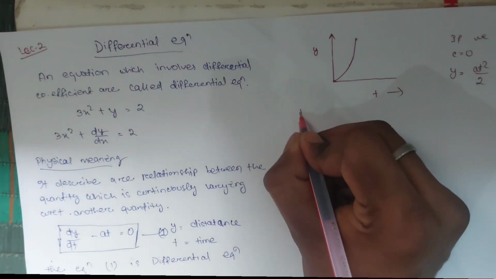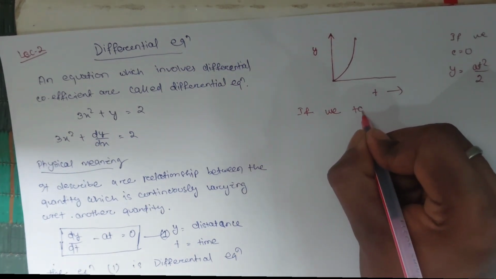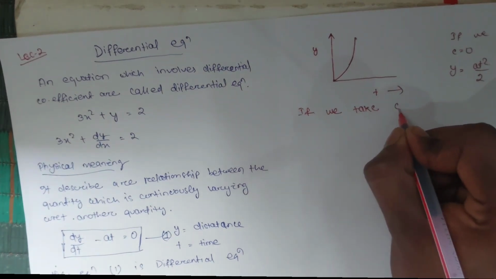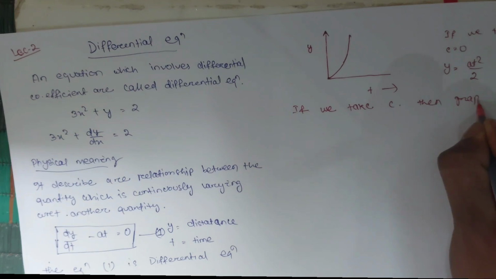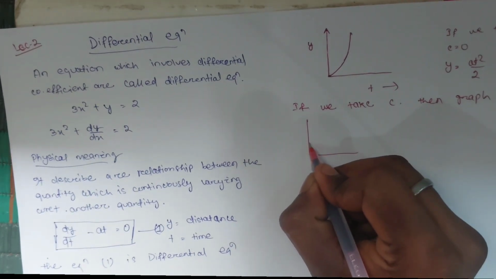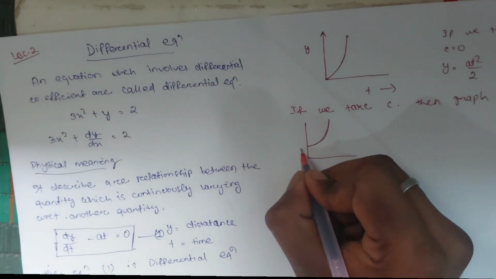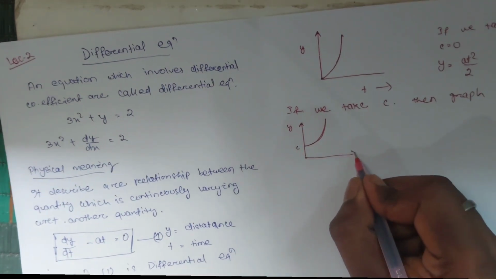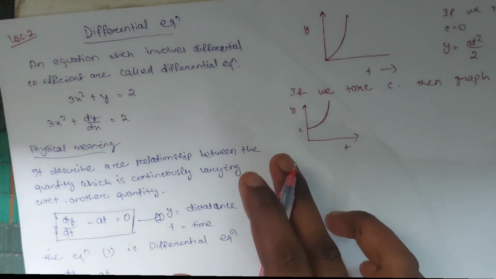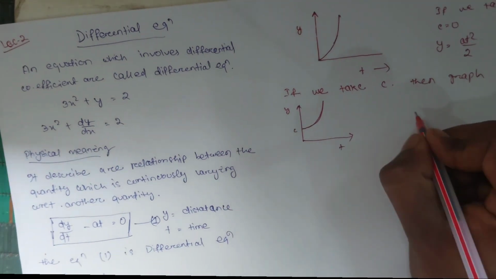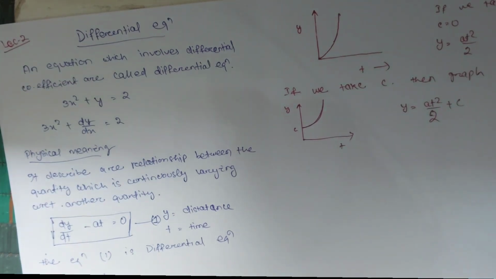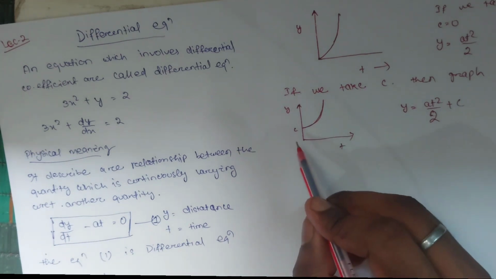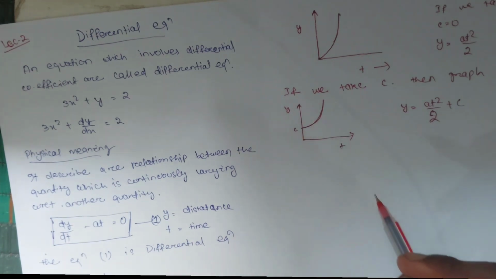If we take c, then the graph becomes like this. At t equals 0, y becomes c, so there will be some distance already traveled by the bike.